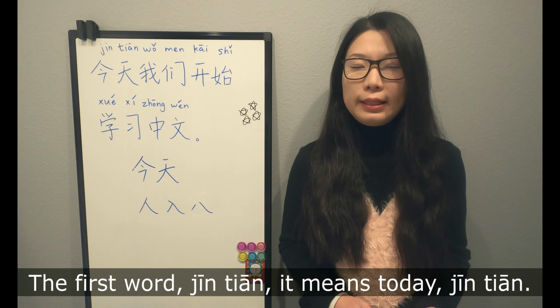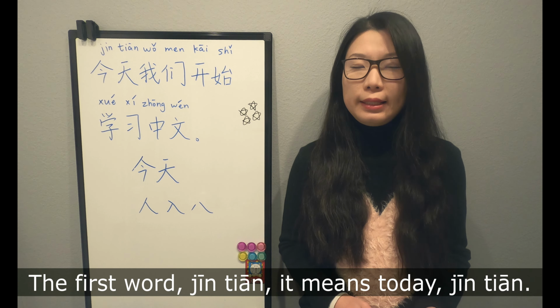For 我们, 我 actually means I, and with 们 here, it means we. I have another example here. 他 means he, so with 们, 他们, it means they. So 我, I, 我们, we, 他, he, and 他们, they.